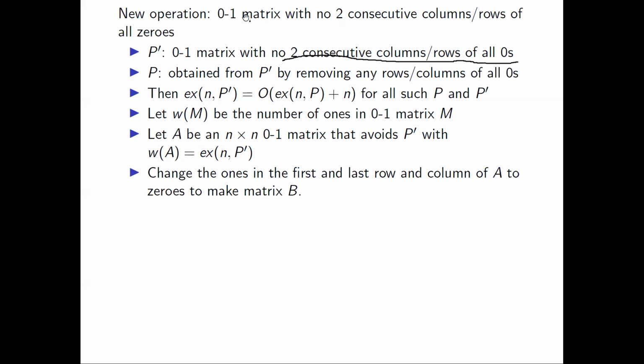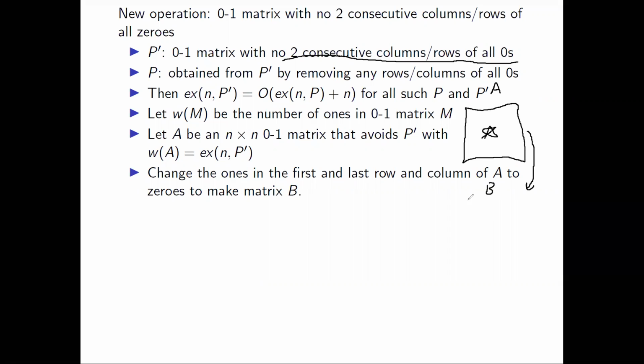Now, first thing that we're going to do to A, I'll draw a picture of this. So we have the A here. And then we're going to turn this into B. And the difference with A and B is going to be that we take the first and last row and column and make them all zeros.